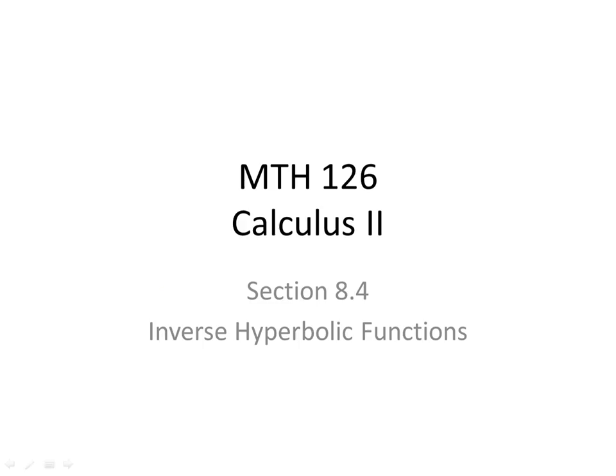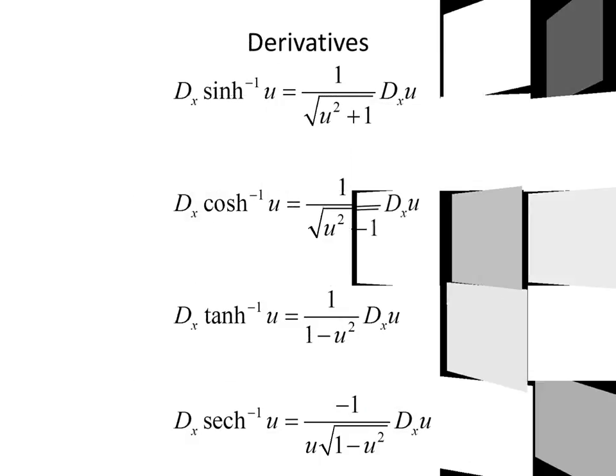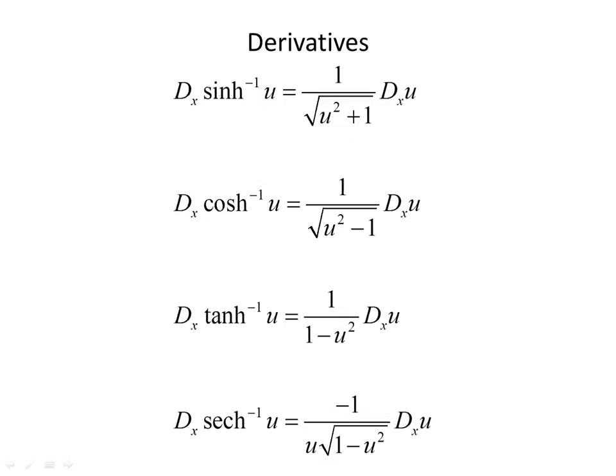Okay, so hyperbolic inverse. Again, the first thing we're going to do is the derivative, and these derivatives are on your cheat sheet. Obviously, we only have 2 more of these to go. So this is the derivative of the inverse hyperbolic trig functions.